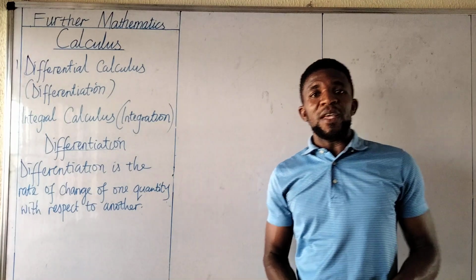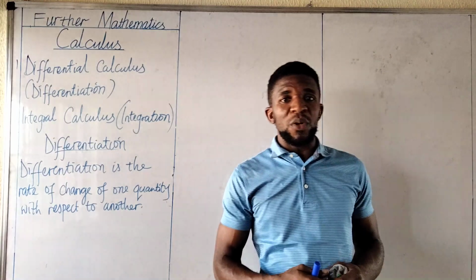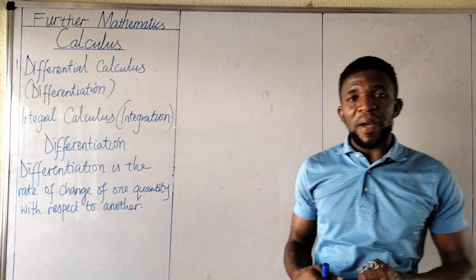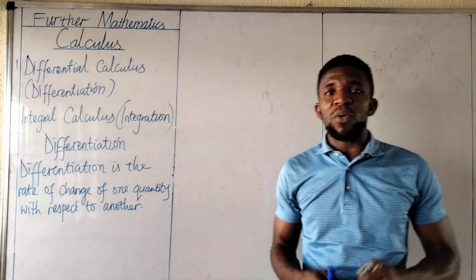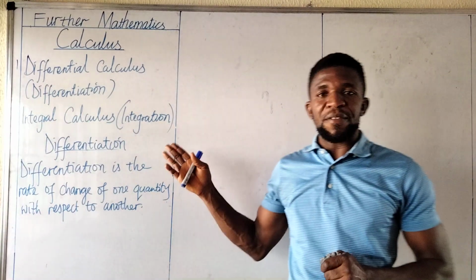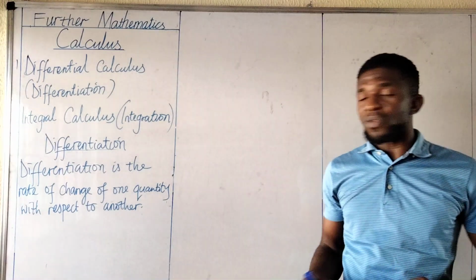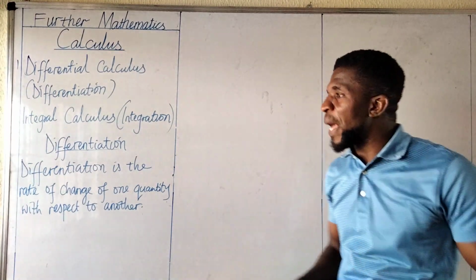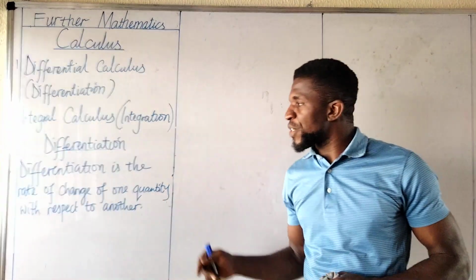That is to say, if we have one parameter or one quantity or one variable, the rate of change of that parameter with respect to another quantity, parameter or variable is what we refer to as differentiation. When we study the two rates, whether it is rapid or slow, okay? So what helps us to ascertain the rate is differentiation.